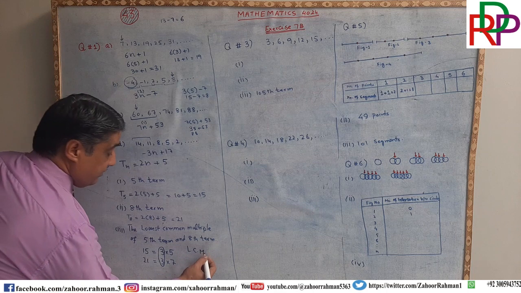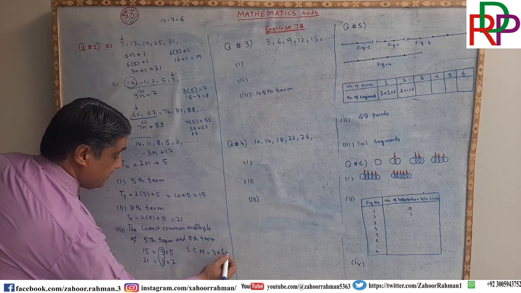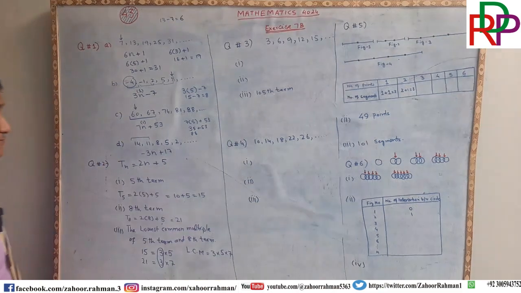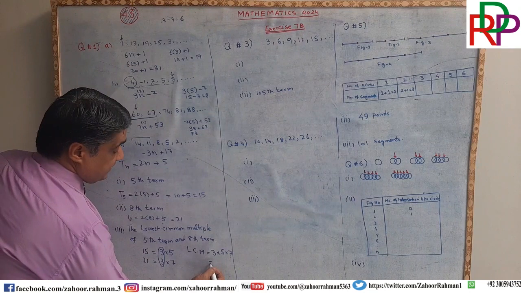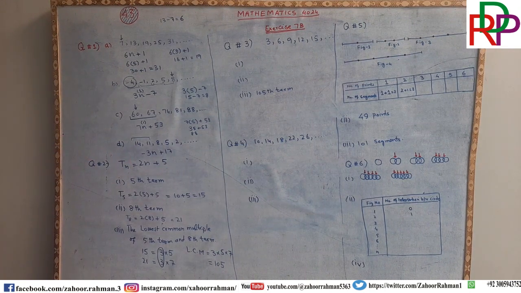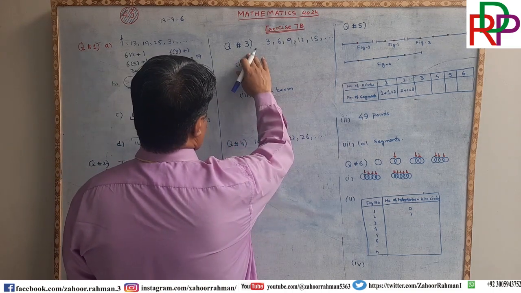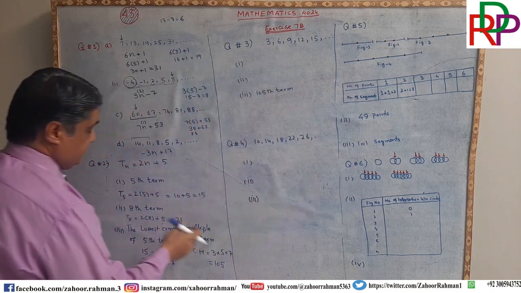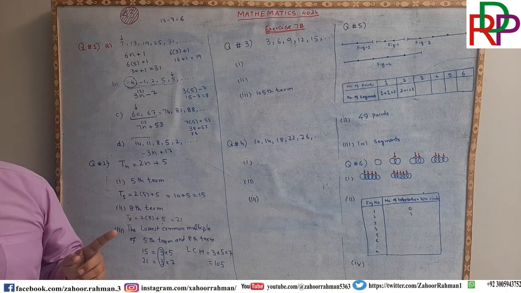This is the common term, so it is 3, 5 is the non-common term, and 7. 3 5s are 15, 15 7s are 105. So the answer of this is 105.